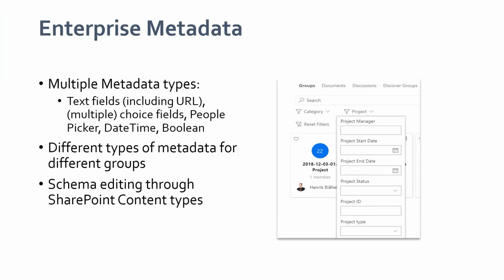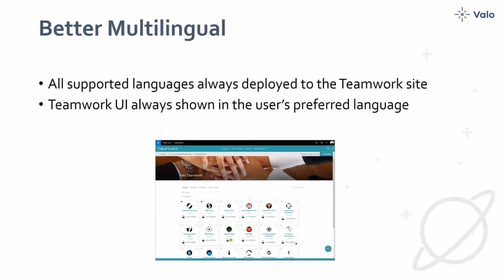Now, coming back to the other enhancements we have made into the release 1.18. We have also massively improved the multilingual capabilities in Valo Teamwork. So, now Teamwork will always be installed in all the 23 plus supported languages that we support with Teamwork, including English, German, Italian, Dutch, Swedish, Norwegian, and a number of other languages.